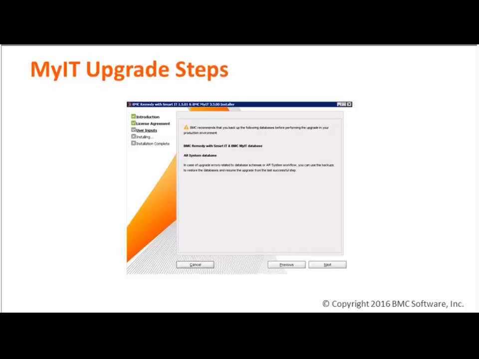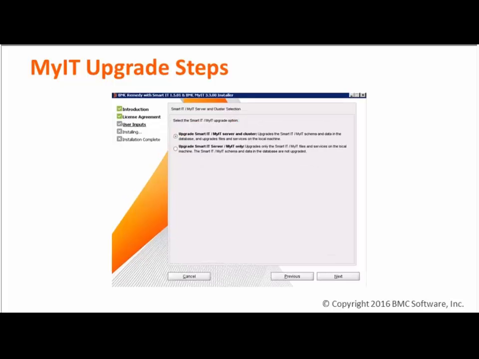So we'll have to do that manually, and I'll talk about that in a few minutes, about the failures and how you recover from them. So this is just a warning message. If you have already taken the backup, you can click next and then continue.